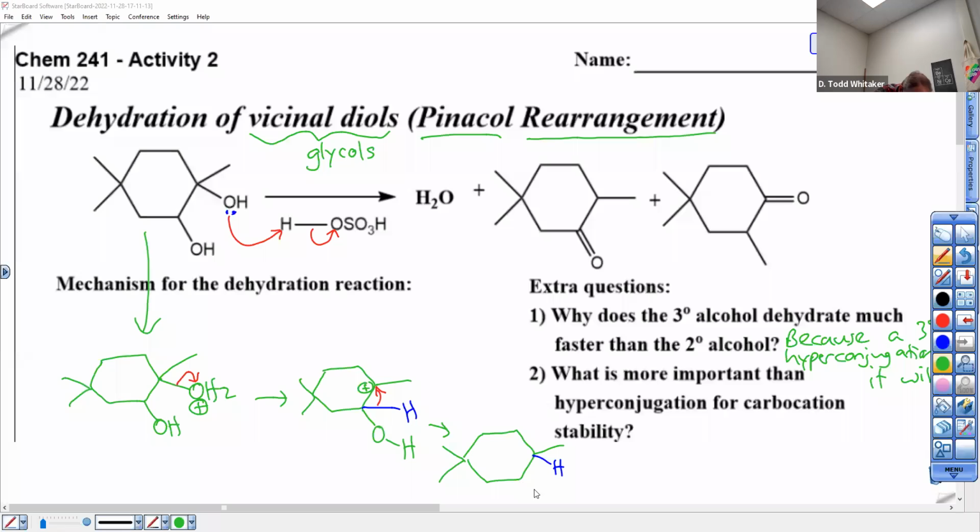Here's an O that happens to have 2 lone pairs, but I only need one of them for the answer to question 2. What can this carbocation do that the one before it could not in terms of stability?